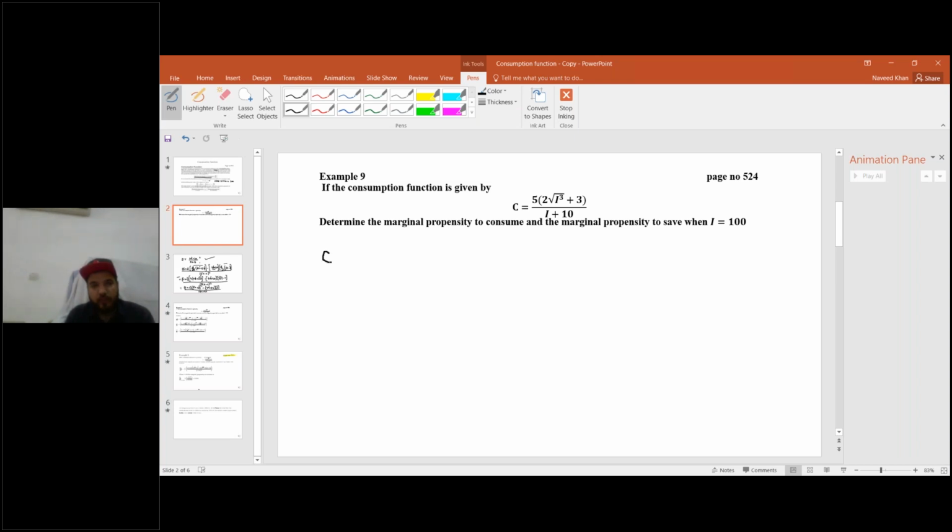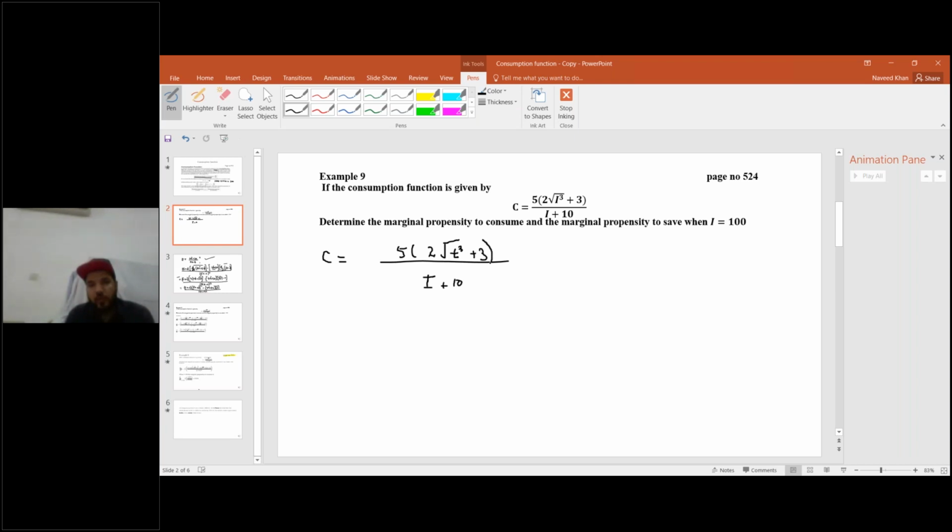So here I'm going to write down this question again. C is equal to 5 into 2 square root of I power 3 plus 3, over I plus 10.